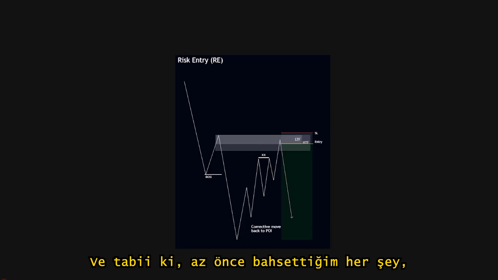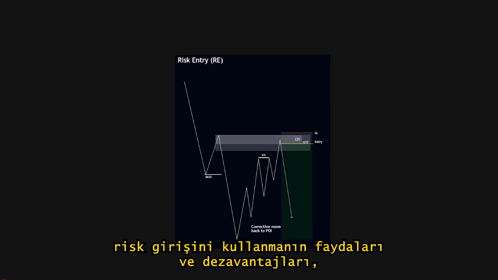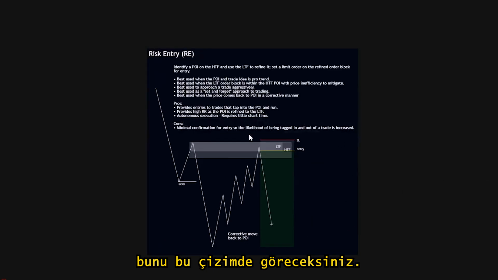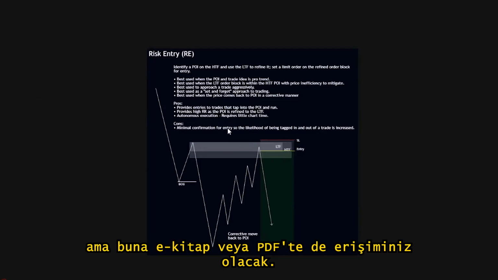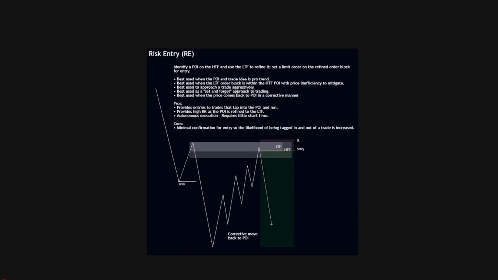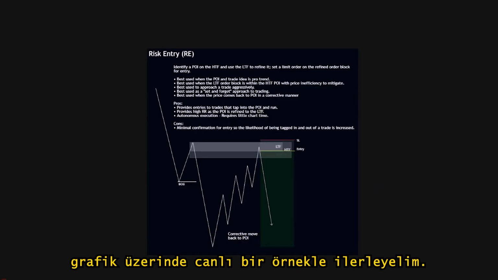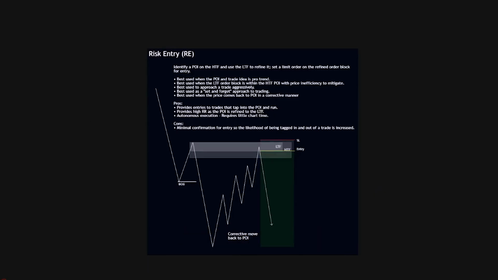And of course, everything I spoke about just before, the benefits and the disadvantages of using the risk entry, you'll see within this illustration. You can pause it, take note, but you'll also have access to it in the ebook or PDF. So let's move forward with a live example on the chart to show you what a risk entry would look like on a candlestick chart.